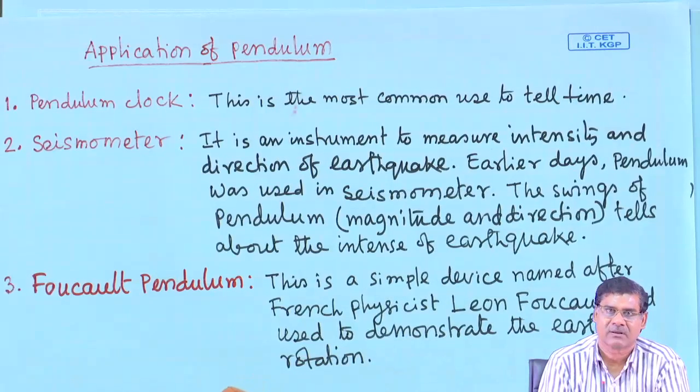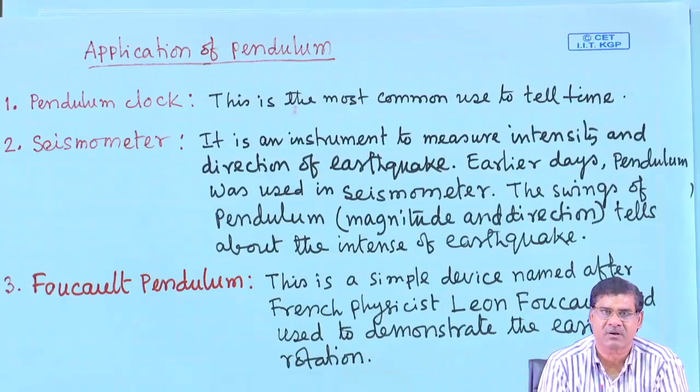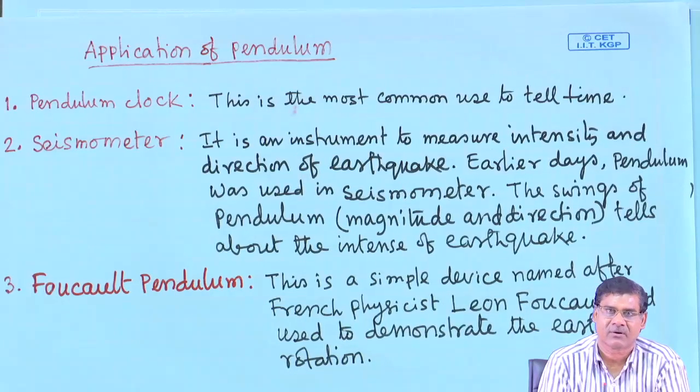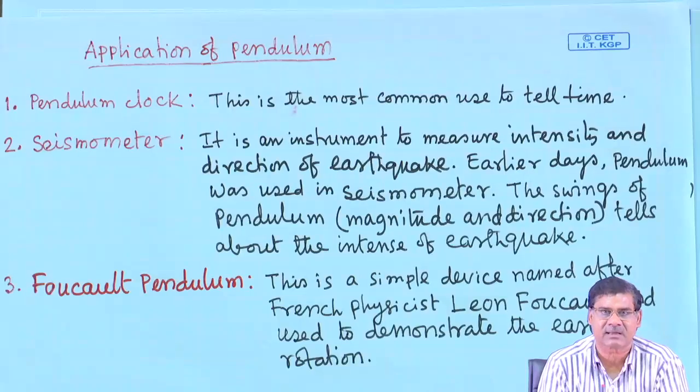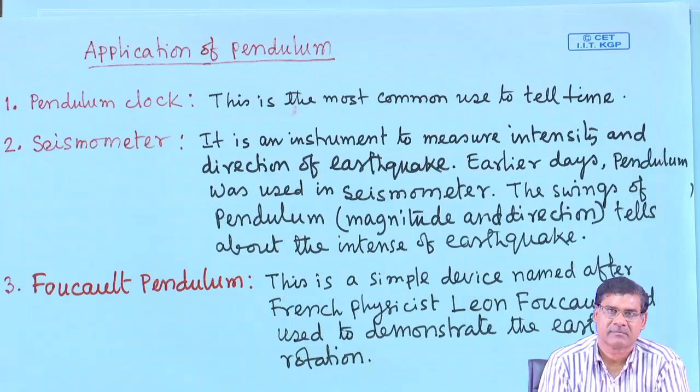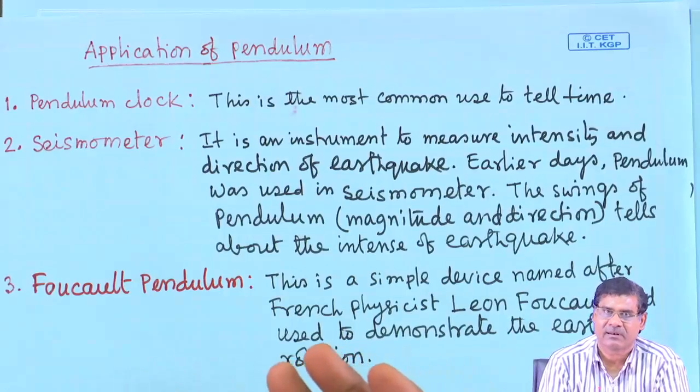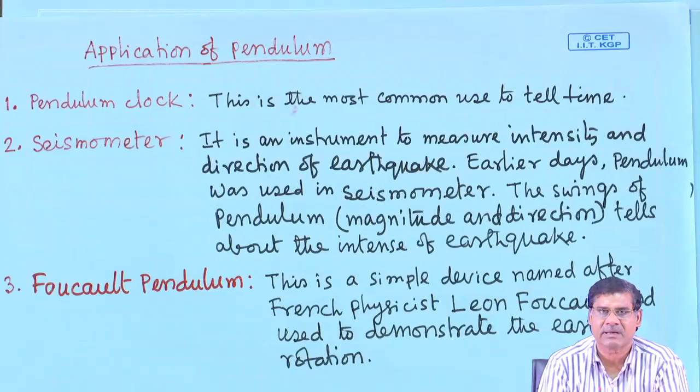So, the movement or vibration of the earth is what we call an earthquake. Depending on the intensity of this earthquake, the magnitude and direction of the pendulum will tell us about the danger, the intensity of the danger of the earthquake.